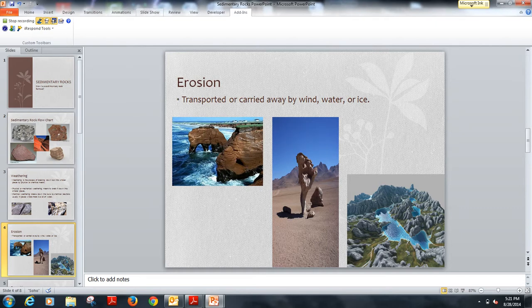So water can also transport sediments as well as ice. And when we talk about ice transporting sediments, we're talking about glaciers, as you can see in the picture in the corner.